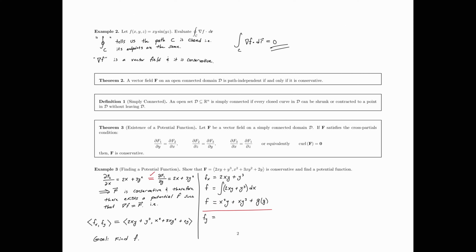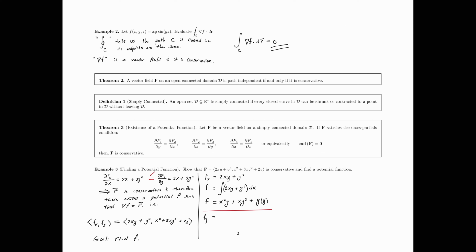Why would we do that? Well, because this expression is just f, so we know that the y partial of this has to match this. So essentially, we're going to take the y partial of this and set it equal to this. So first we'll take the y partial.